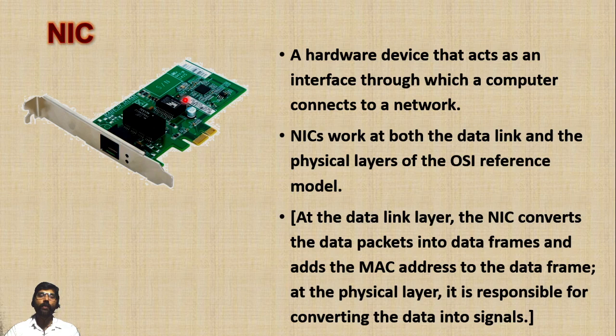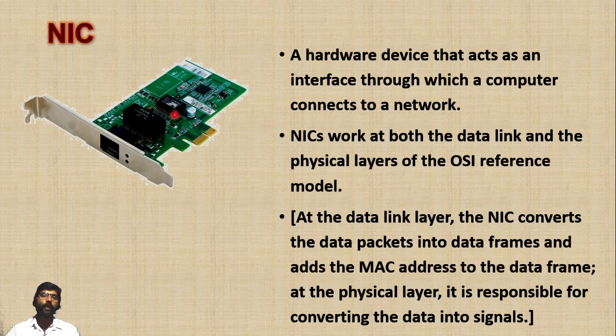This network interface card works in both the data link layer as well as the physical layer of the OSI reference model. So it will perform the function of data link layer as well as physical layer. At the data link layer, the NIC converts the data packets into data frames and adds a MAC address to the data frame.